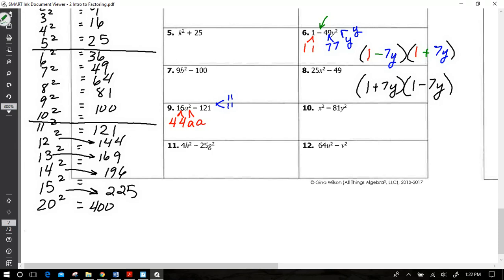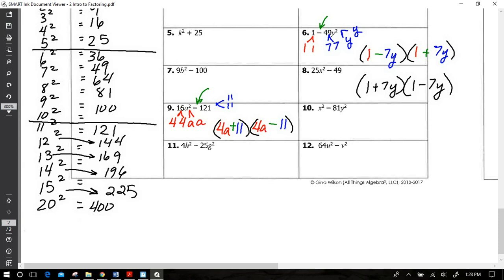And I definitely see that I have that minus sign there, so this works out perfect. So 4A in the front, 4A in the front, 11 in the back, 11 in the back, and be sure that you've got one plus and one minus. Okay.